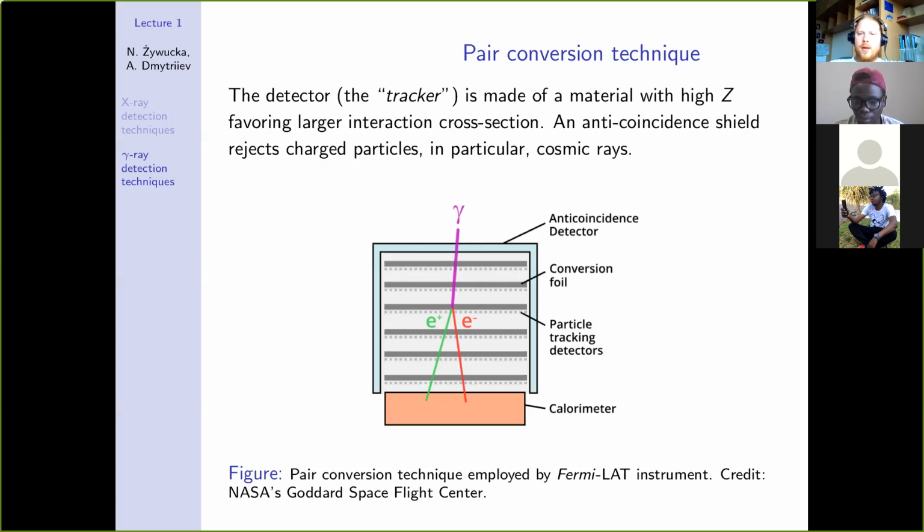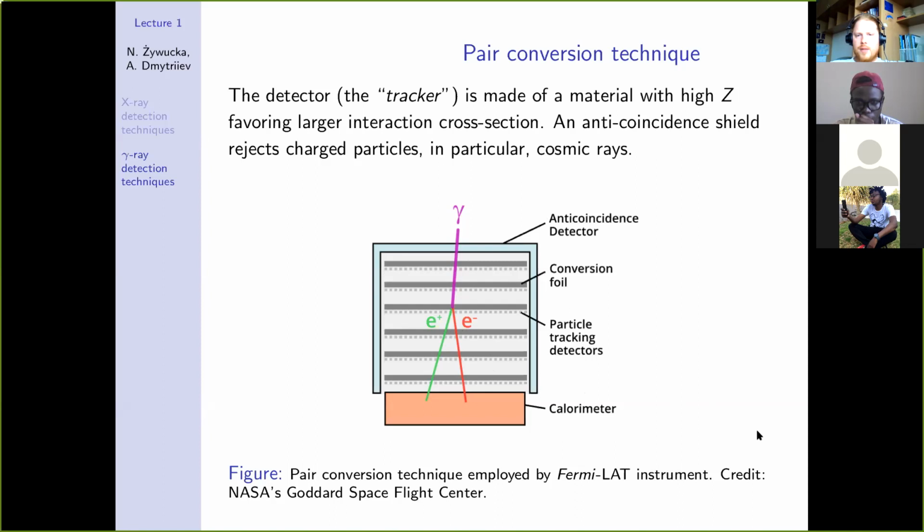So you can know the arrival direction, and then the electron and positron arrive at the bottom at the calorimeter, and this is where their energies are measured. The sum of their energies is roughly equal to the energy of the gamma ray. Not exactly, but very close, because the electron and positron, being charged particles, lose their energy via ionization losses, ionizing atoms on the way.